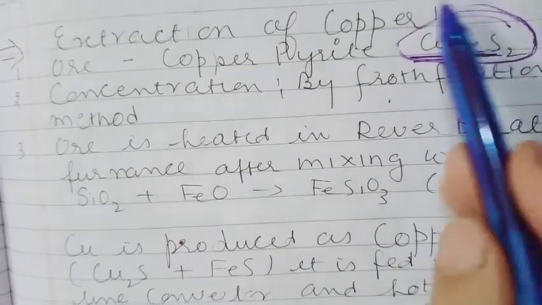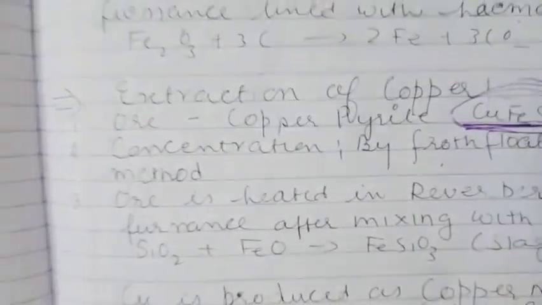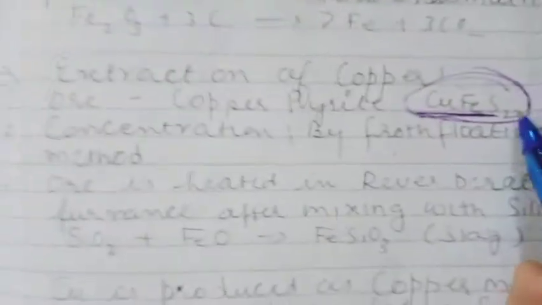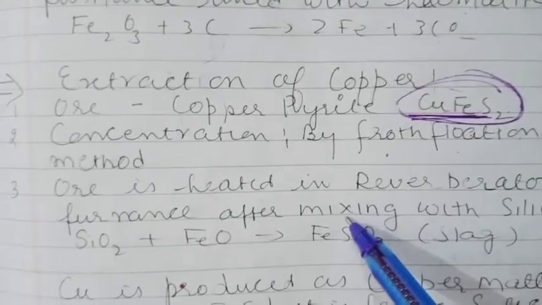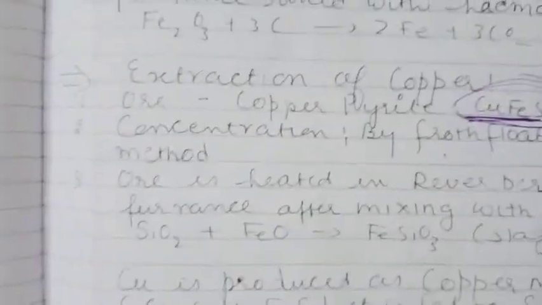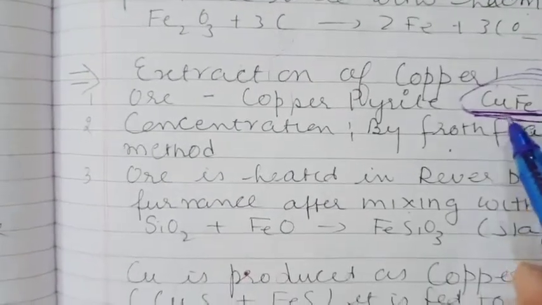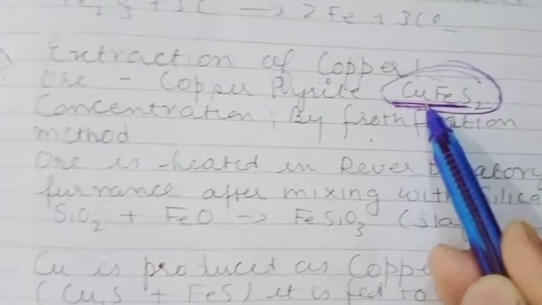Froth is formed, and along with the froth, the sulfide ore goes to the top of the tank. This froth is collected, impurities remain in the solution, and the froth is separated and dried. Thus we get a concentrated copper pyrite ore.